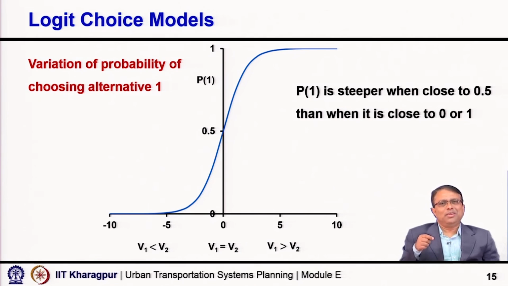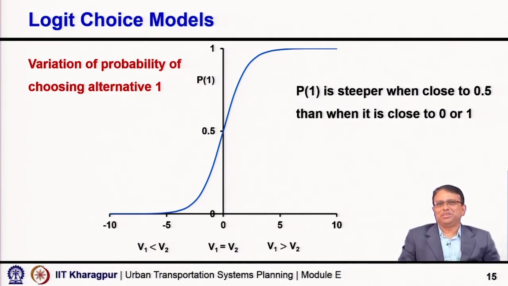Now, if you keep on increasing the fare difference, progressively you will find fewer and fewer people shifting. For the first change, how many people have shifted? For the next increment of the same amount, not so many people will shift, a little fewer. And as you go on, say you make a toll road and increase the toll, make the toll very high, still the probability will not be 0.